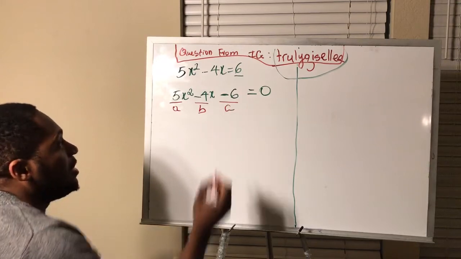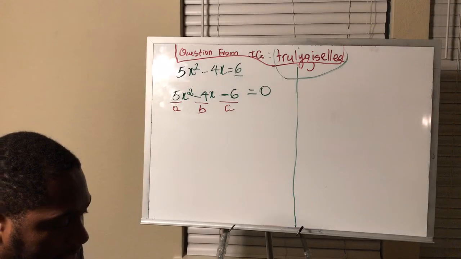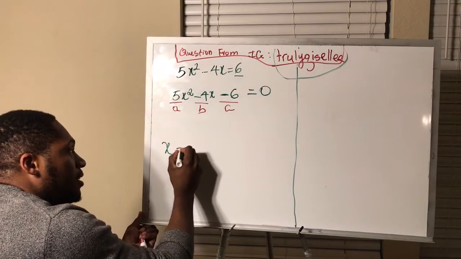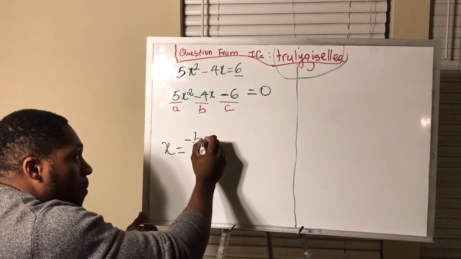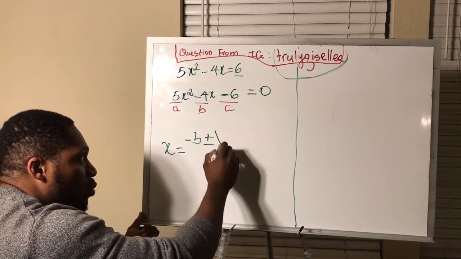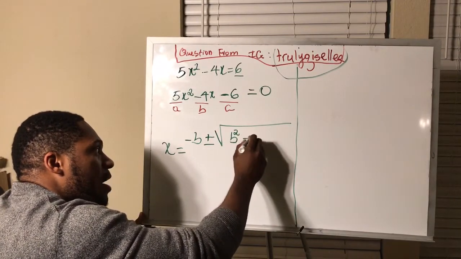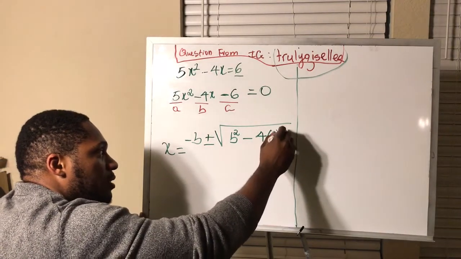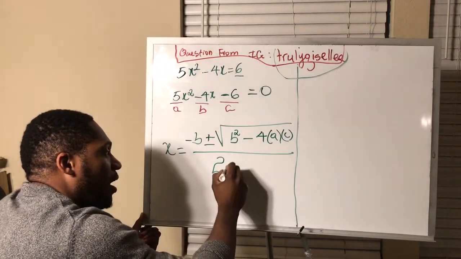This is called C. So the formula to solve for x is: x is equal to minus b, plus or minus the square root of b squared minus 4a times c, divided by 2a.